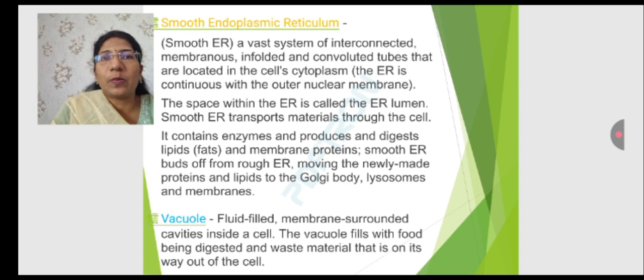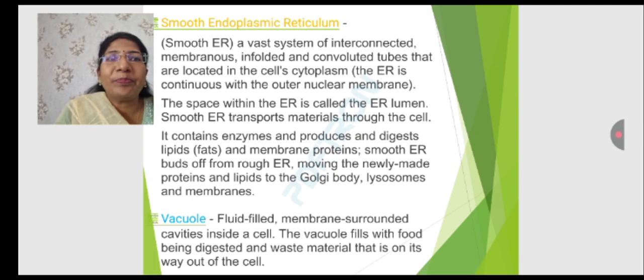The smooth endoplasmic reticulum can transport material through the cell. It contains different types of enzymes and produces as well as digests lipids, meaning fat, and membrane proteins. The smooth endoplasmic reticulum buds off from the rough endoplasmic reticulum, moving the newly made protein and lipids to the Golgi body, then the lysosome and membrane.